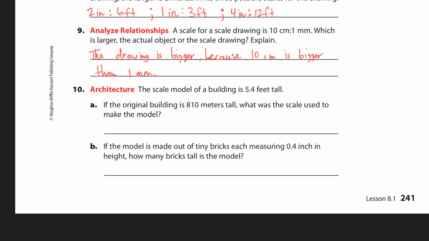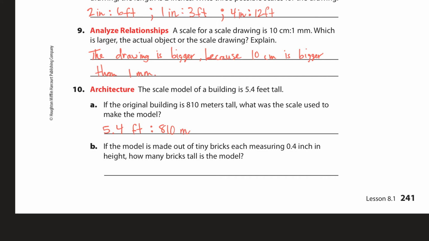Okay, number 10. The scale model of a building is 5.4 feet tall. If the original building is 810 meters tall, what is the scale used to make the model? Well, it looks like we have 5.4 feet corresponds to 810 meters.